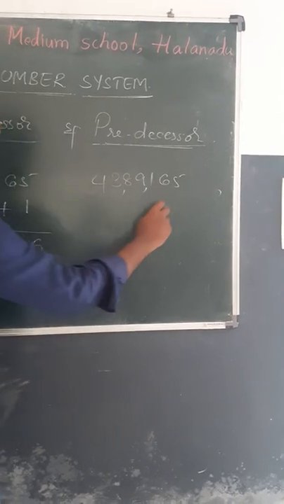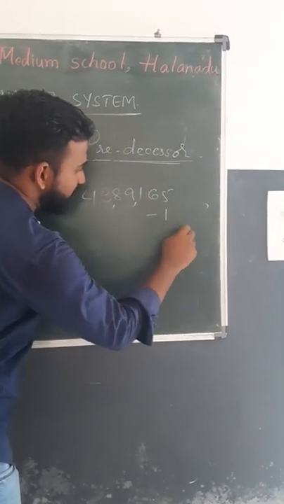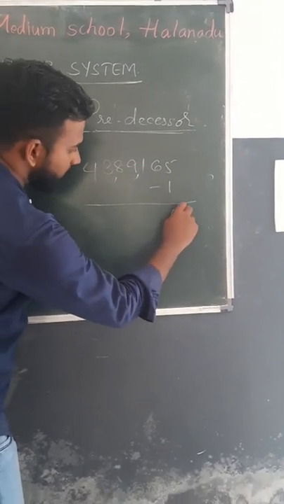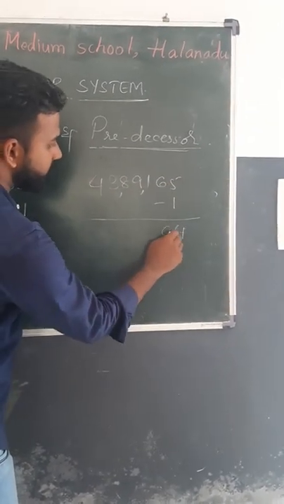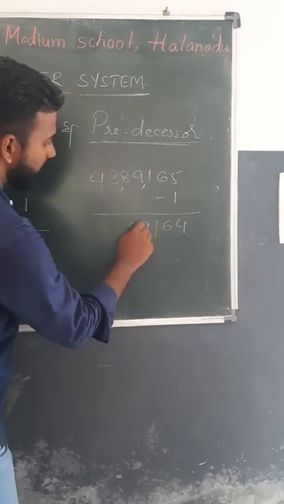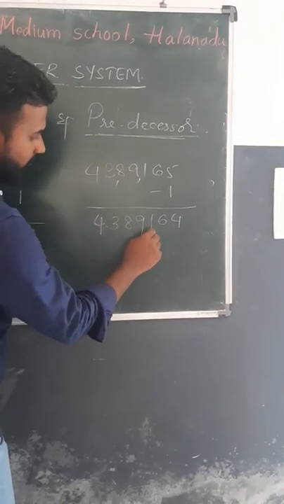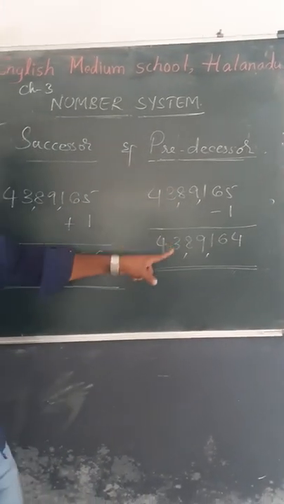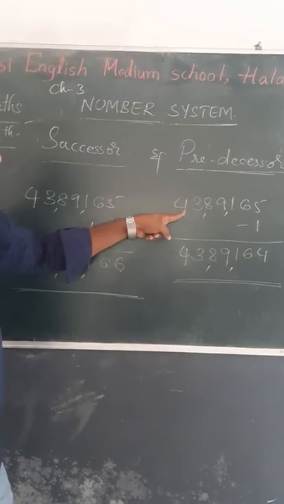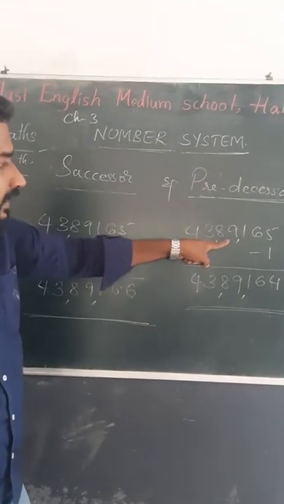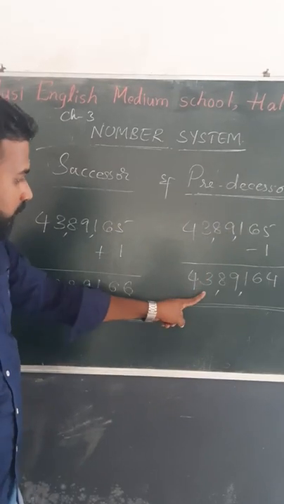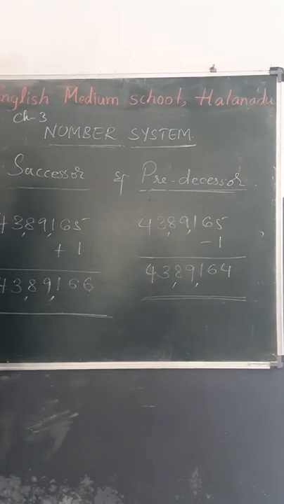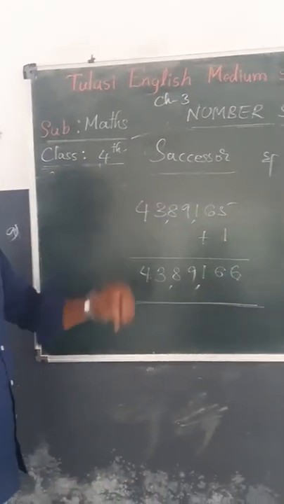Predecessor of the number is, you have to subtract 1 from that number. 5 minus 1, 4. Predecessor of 43,89,165 is 43,89,164. So this is about successor and predecessor.